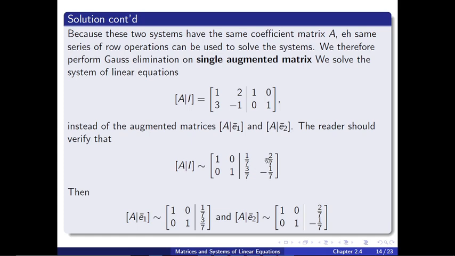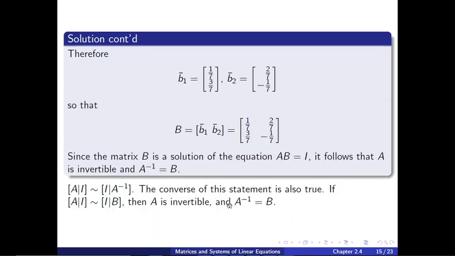Now, if we go back to what we know, we have got two separate systems, A E1 and A E2. So B1 will be equal to that. We remember B11 and B21, and then B12 and B22.